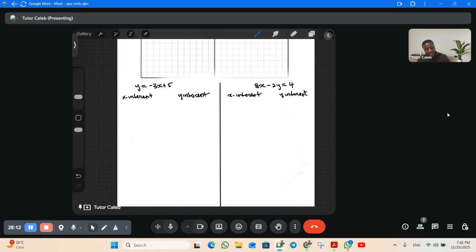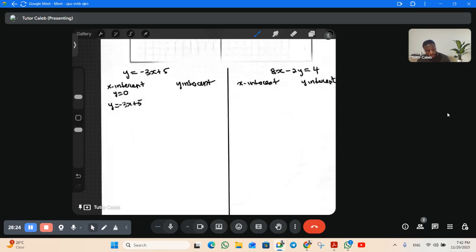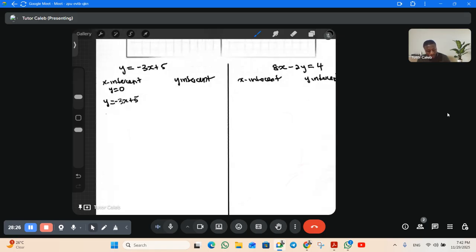We know that on the x-intercept, y equals 0, right? Therefore, if we plug into the equation y equals minus 3x plus 5, we'll have 0 equals minus 3x plus 5. Then we'll have minus 5 equals minus 3x.